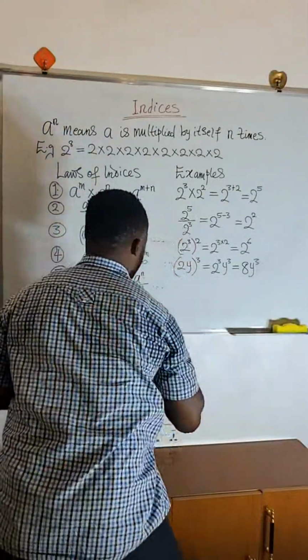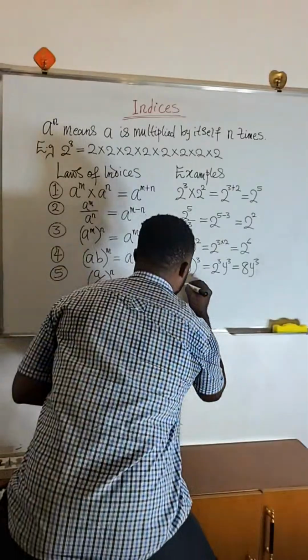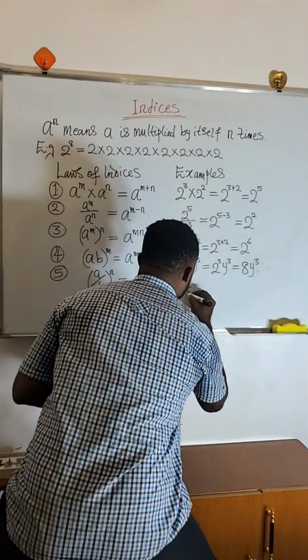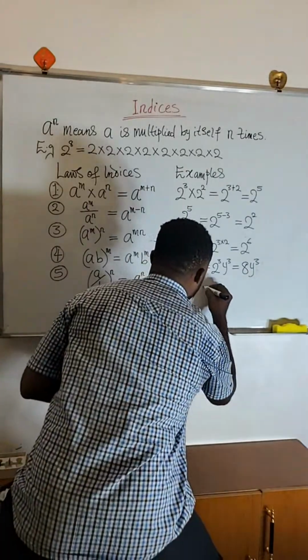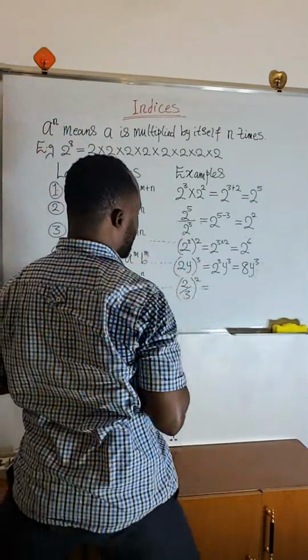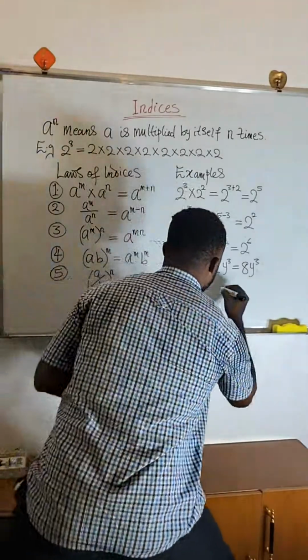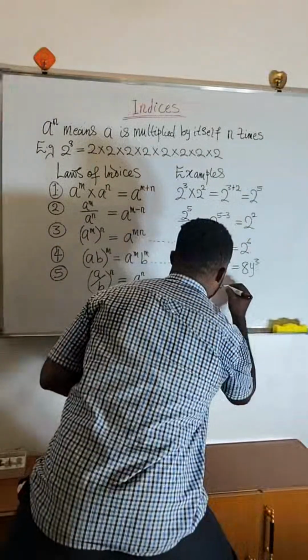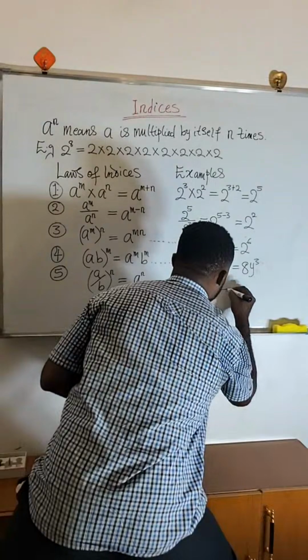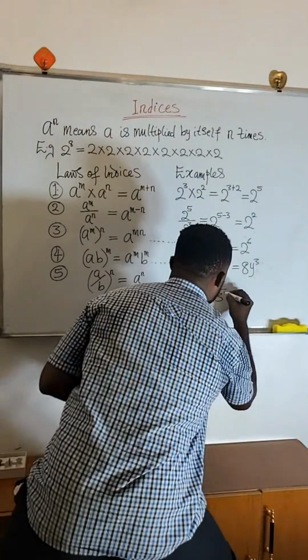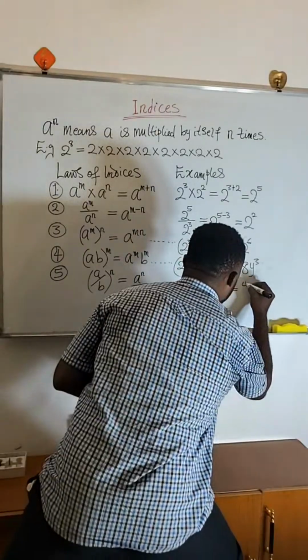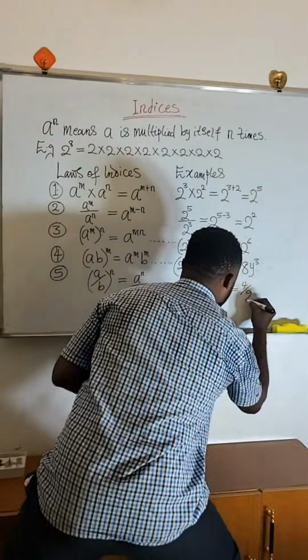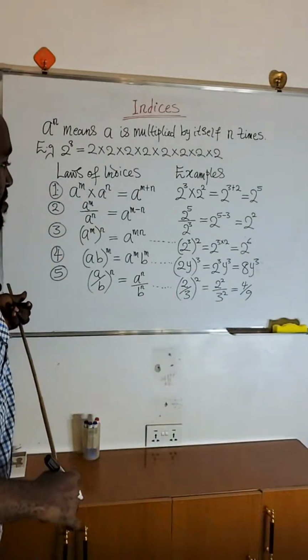And you can have something like 2 over 3 all raised to the power of 2. And this will be 2 raised to the power of 2 all over 3 raised to the power of 2, which will be 4 over 9.